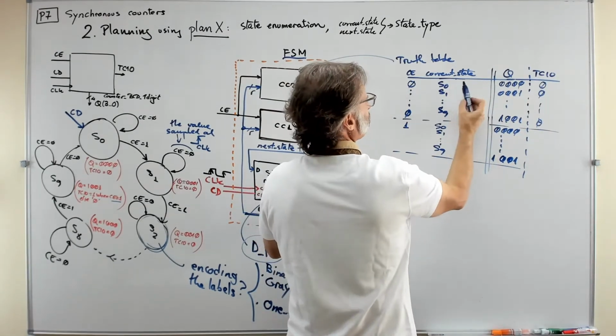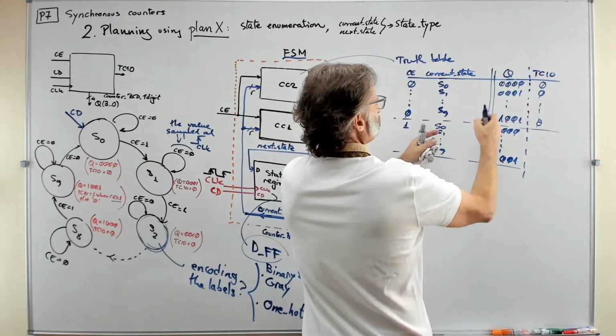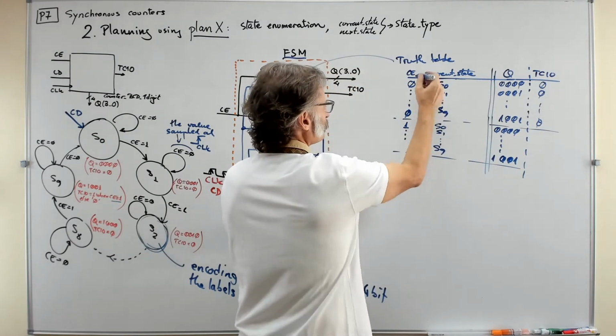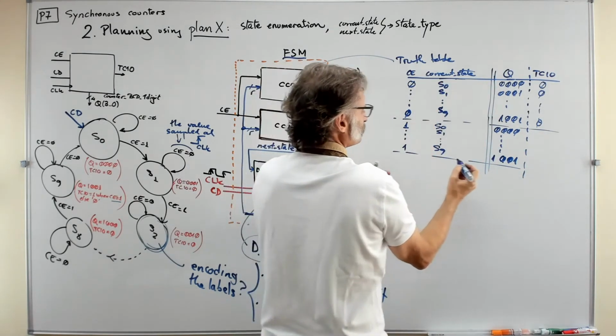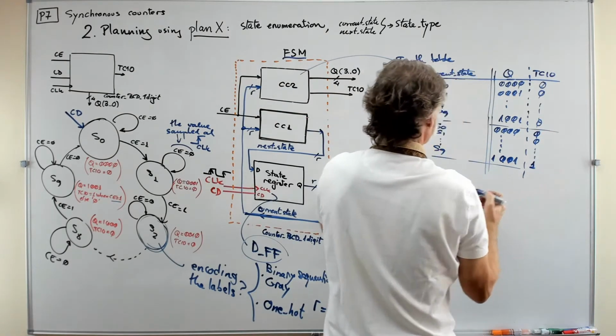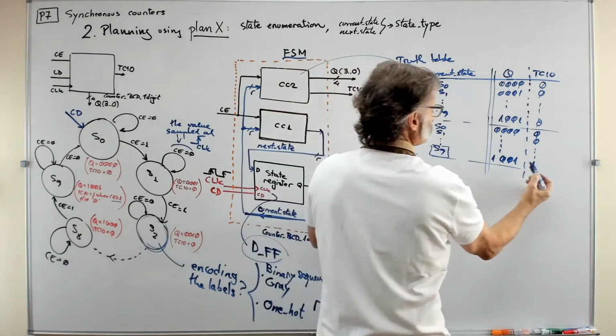The current state is all the time translated to Q, so in some way this table is redundant. It's not necessary to do it, but the count enable equal 1, yes, it is like that, 0, 0, and then 1. When count enable is 1 and you are at the state 9, you have this one here.